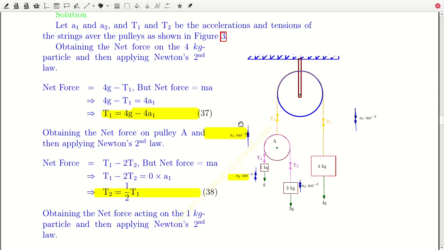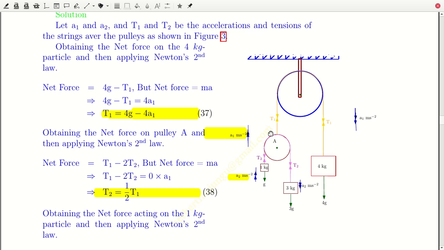As you can see, all of them are moving up. Because it is being pulled by the string, and at the same time the pulley is also moving this whole system upwards, there are two accelerations.